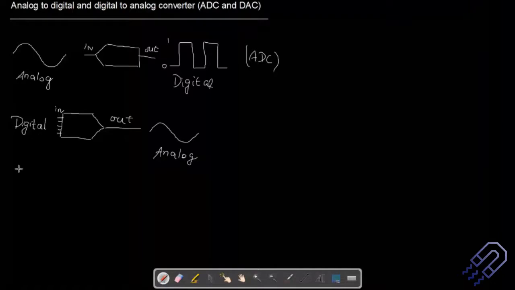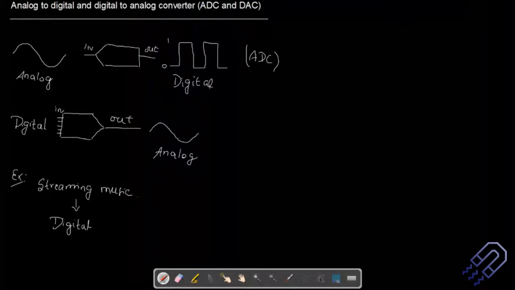Now let's take some examples. You may be streaming some music using some app, but then that needs to be heard on the speaker or your headphones, so it needs to be converted. This streaming music is more or less digital, so it is transferred to your mobile phone or laptop in digital form.